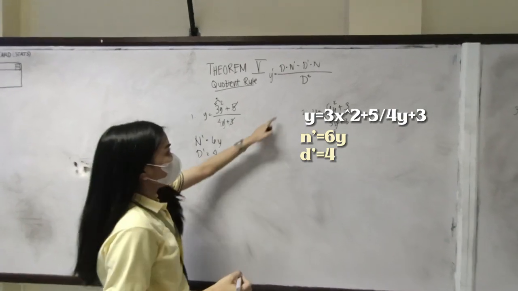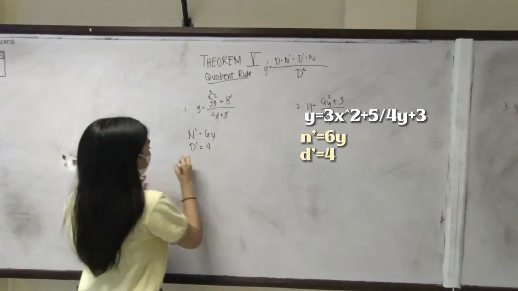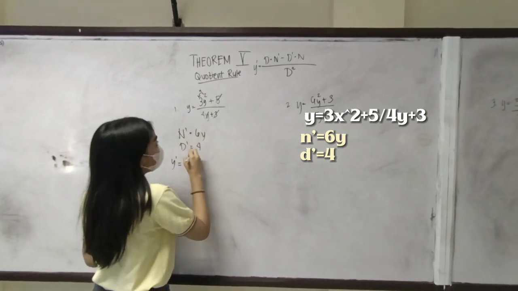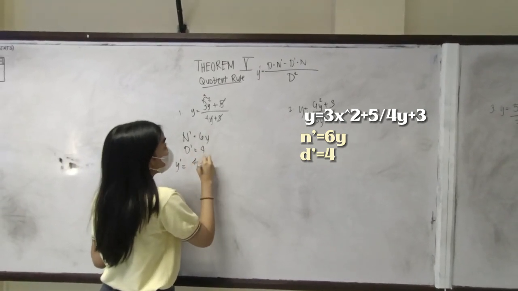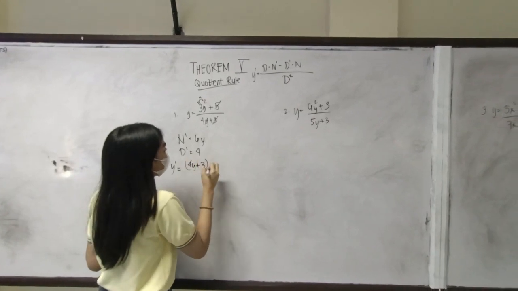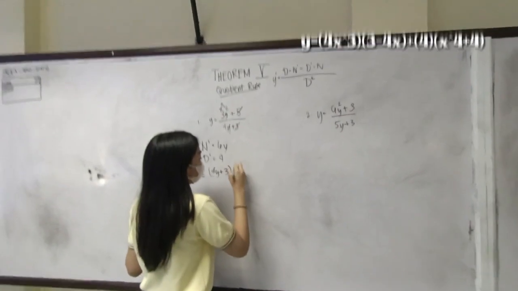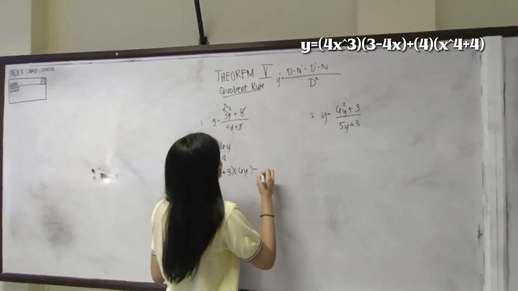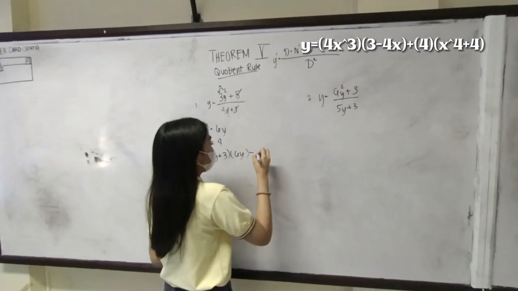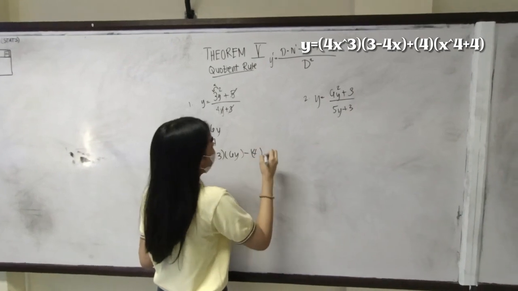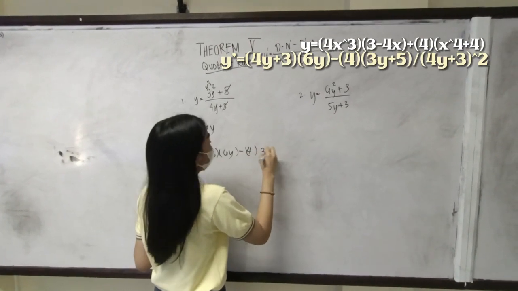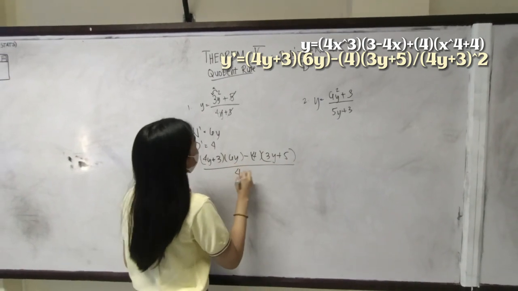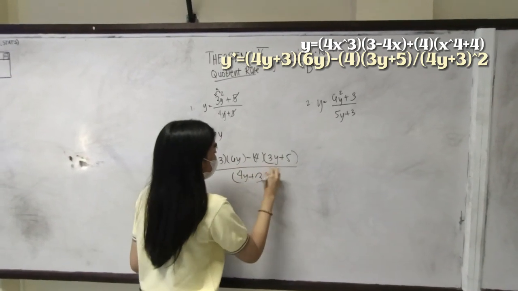Now, let's consider the formula. Y prime equals denominator, which is 4y plus 3 times derivative of numerator 6y minus derivative of denominator, we have 4 times numerator 3y plus 5 over 4y plus 3 squared.